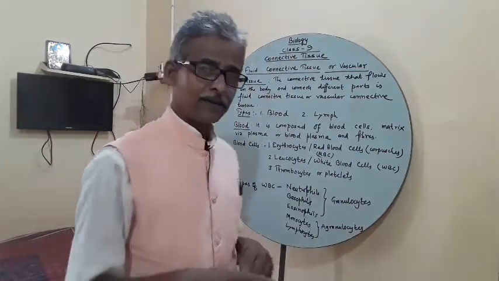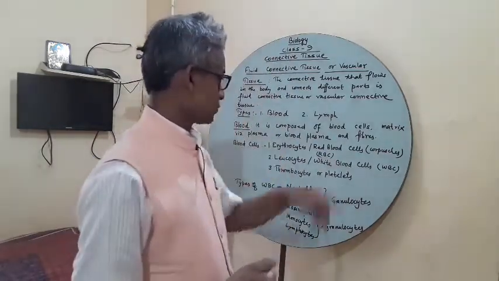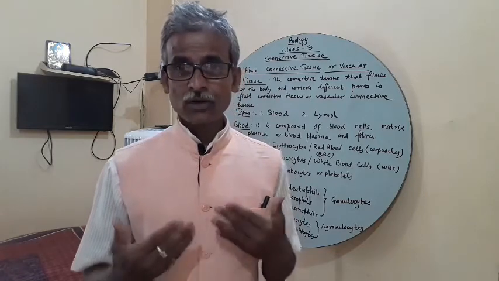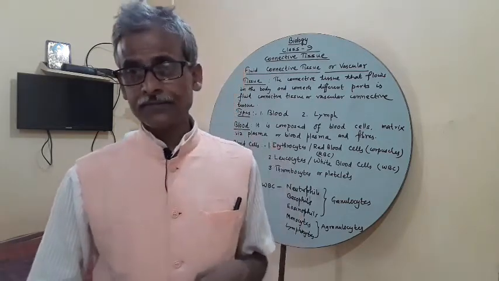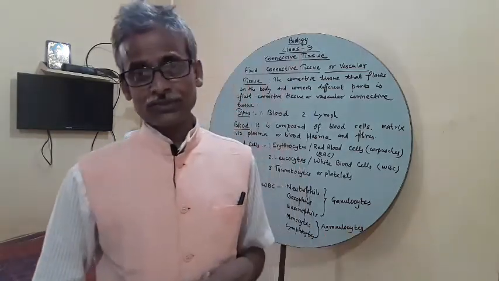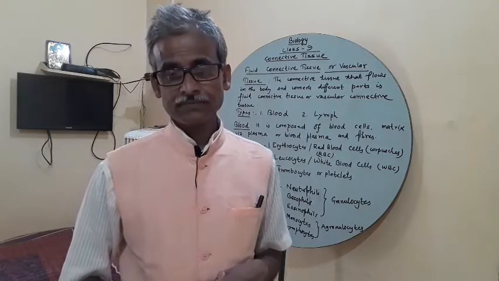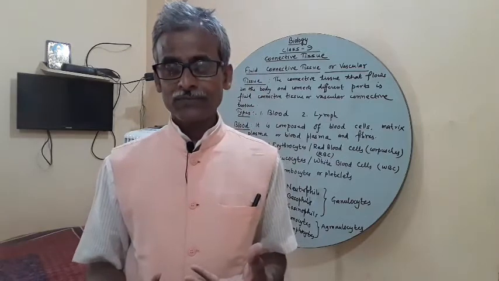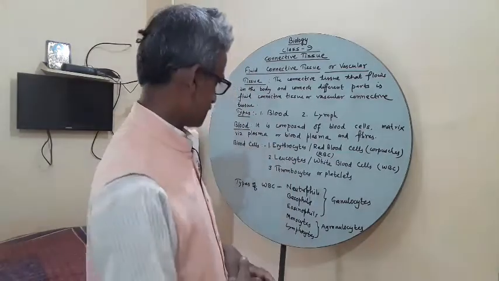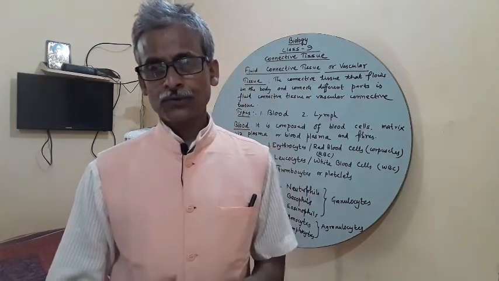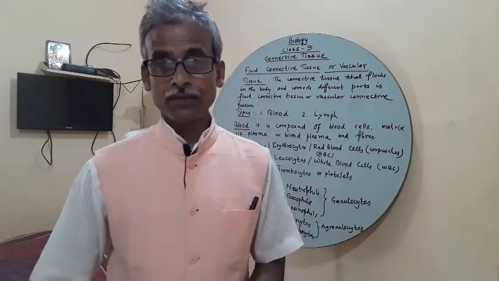In this way, in brief, erythrocytes carry respiratory gases. These make the oxygen available to all the cells. These remove carbon dioxide. These leukocytes protect us from any infection, and thrombocytes protect us from free flow of blood.